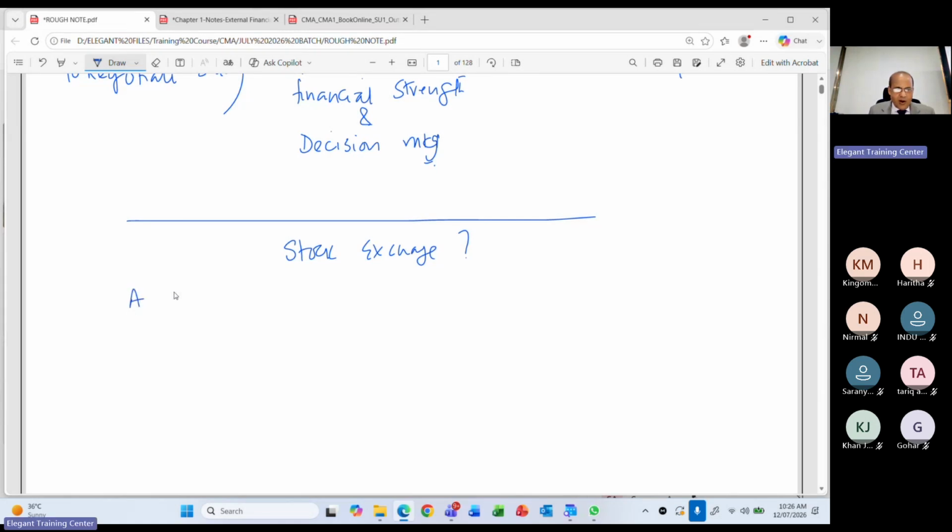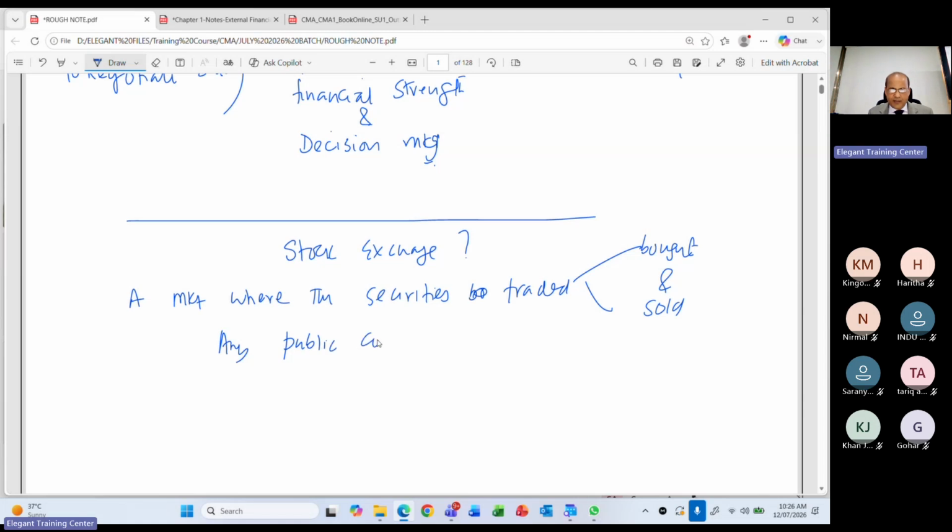A market where the securities are traded. Traded means bought and sold. Bought and sold is called trading. Trading means buying and selling, right? Any public company. What is a public company?